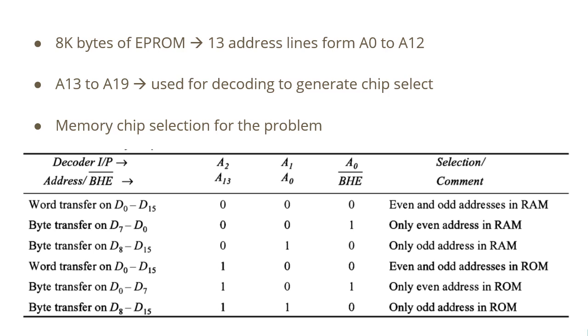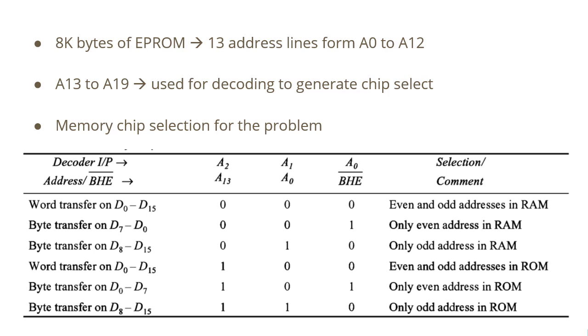The next operation is to do a byte transfer on the lower order data bus bits, that is from D7 to D0. In that case, again it is the RAM that has to be selected, so A13 is 0. Since it is the lower order data bus that will have the data, it will be put in the even address memory bank.